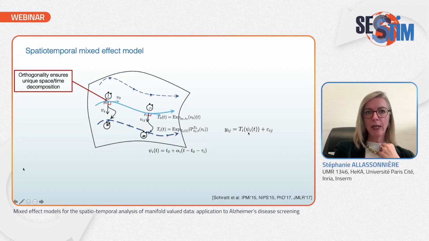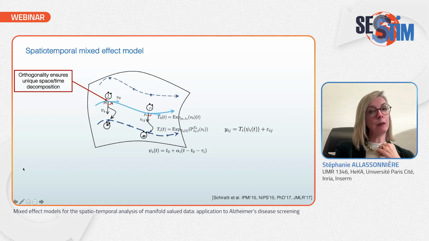So what is interesting is that to be able to ensure that you are not considering that this trajectory, this parallel curve, has an impact on the speed of each person, you have to enforce orthogonality.